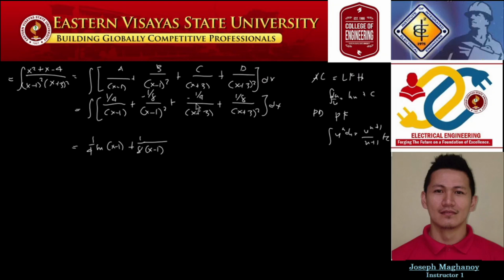How about here? So still negative, so you apply your logarithmic formula, ln x plus 3. How about here? So it's power formula, so here if you transpose it to the numerator, it becomes negative, so plus 1 plus 1, it's still negative 1, so negative times 1/8 is still negative, that is negative 1/8. So we copy the denominator x plus 3. Of course, your constant plus c.